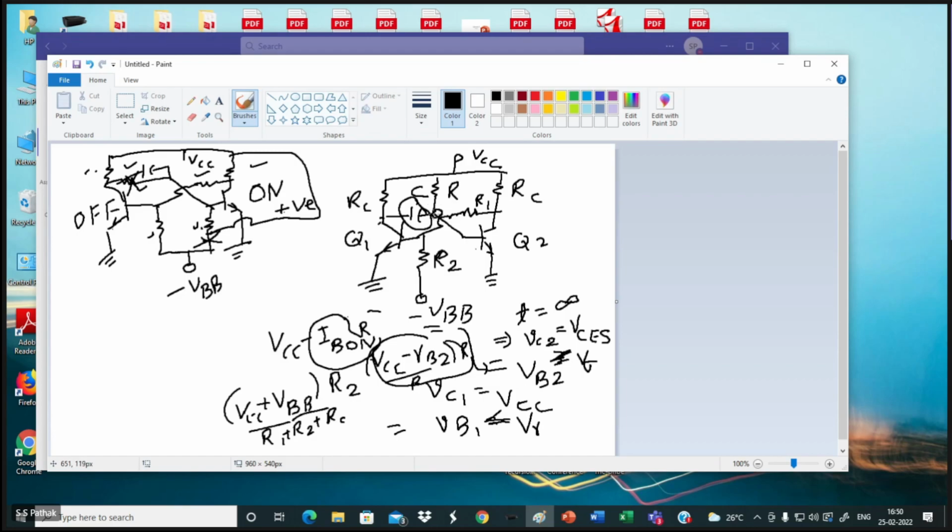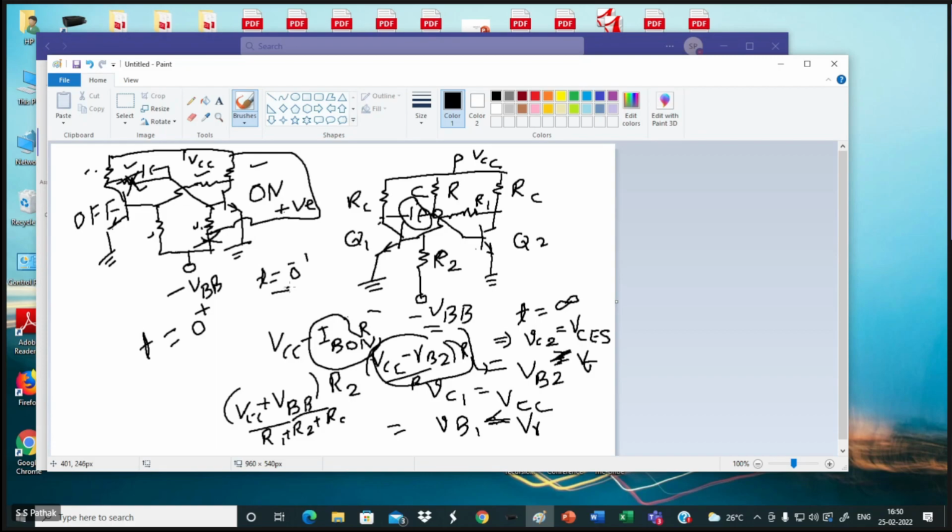This is your VB2. What you have taken in the saturation, that voltage comes here. Okay? Now capacitor will start charging when? Now I have to bring the concept of t equal to 0 plus. T equal to infinity is something like t equal to 0 minus, you can say.